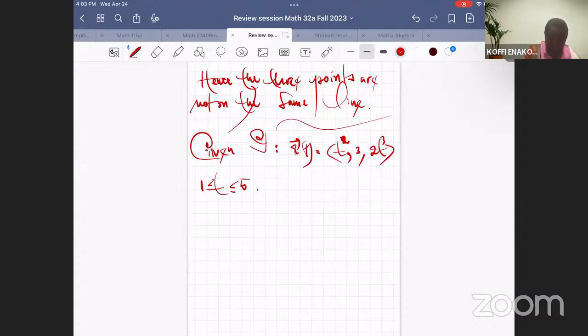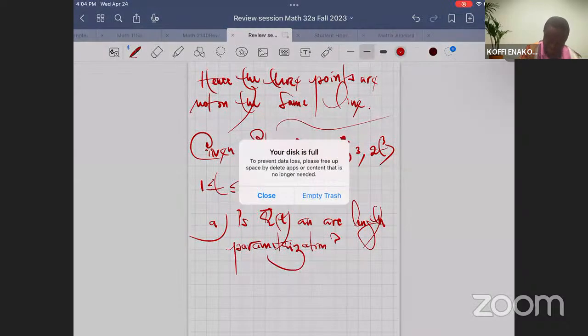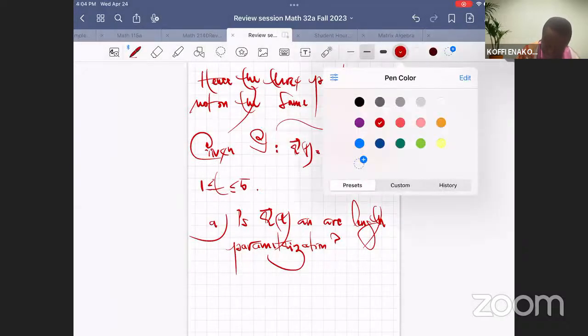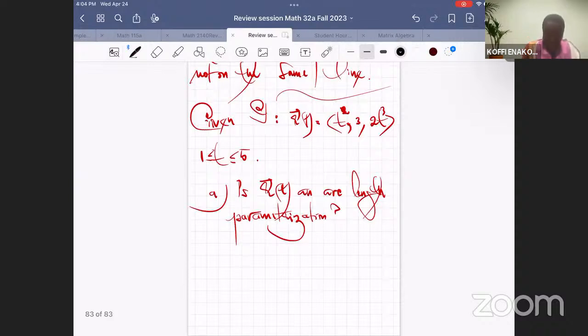So the first question is this. Is R of T an arc length parameterization? Well, we just saw today that for this to be an arc length parameterization, the speed has to be equal to 1.